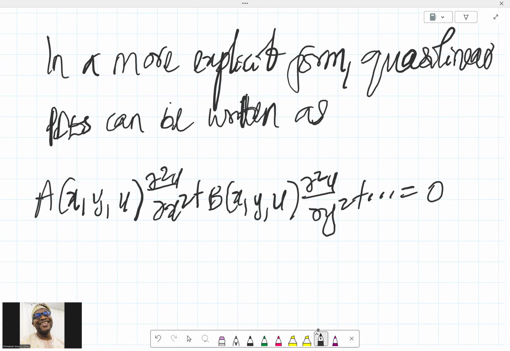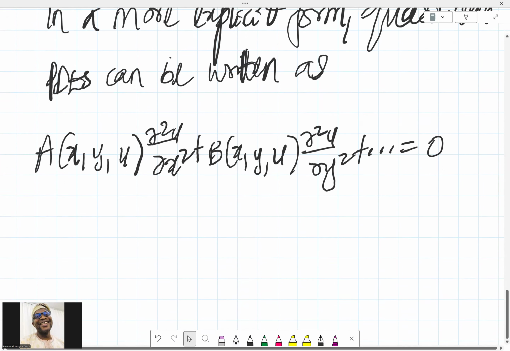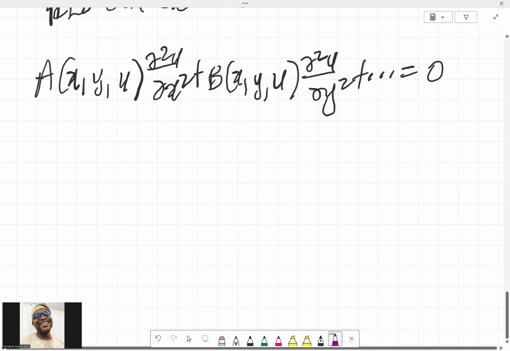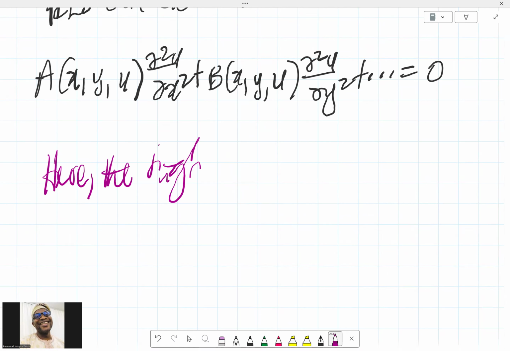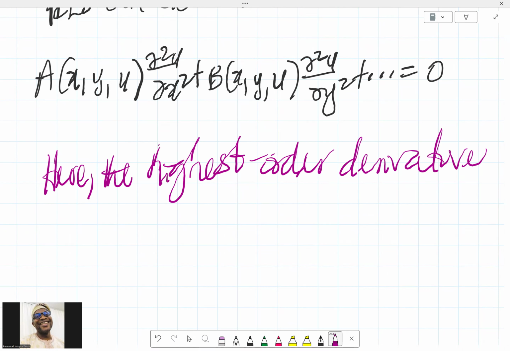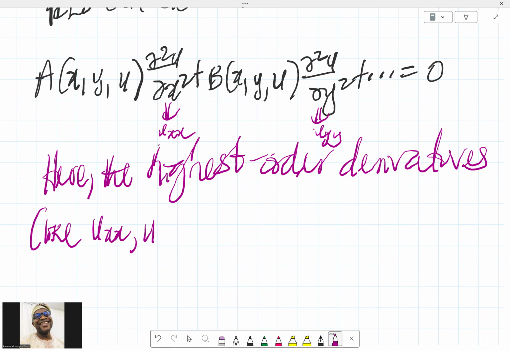Here the highest order derivatives like u_xx, which I've already told you is the same as partial squared u partial x squared, and u_yy, are actually linear.